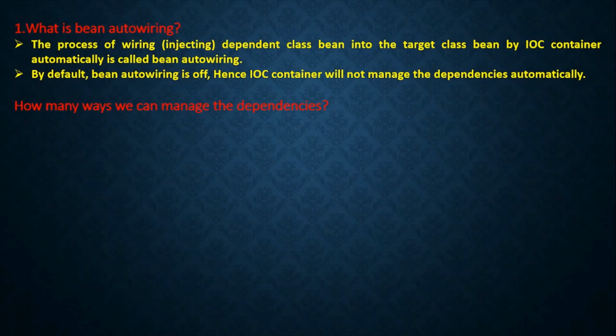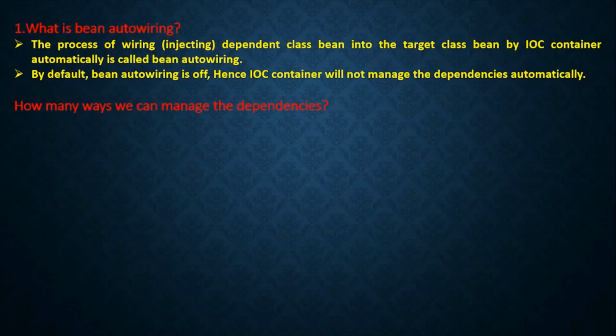Then let's see how many ways we can manage the dependencies. In my previous video I already told that whenever we are injecting the beans, we are writing the bean definitions as well as providing how they are going to be injected.